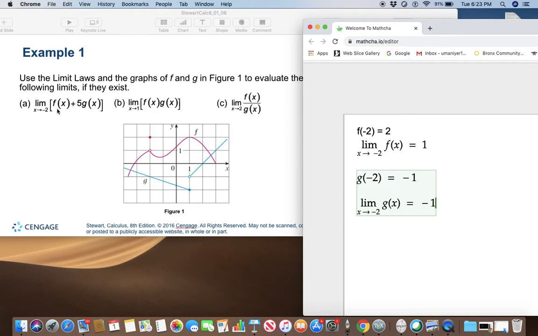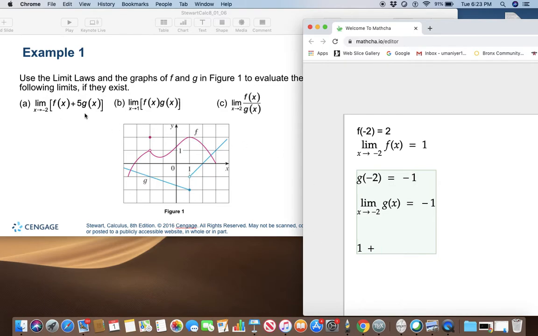Well, first, the limit will split along the plus, right? So that's all we want to understand. It will split along the plus, and find the limit of the first piece, which we already know is 1.